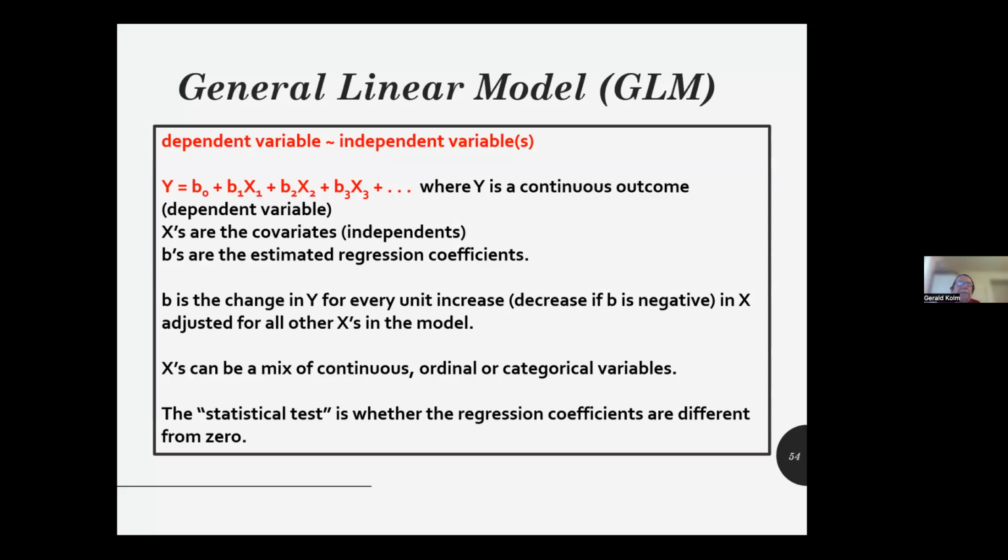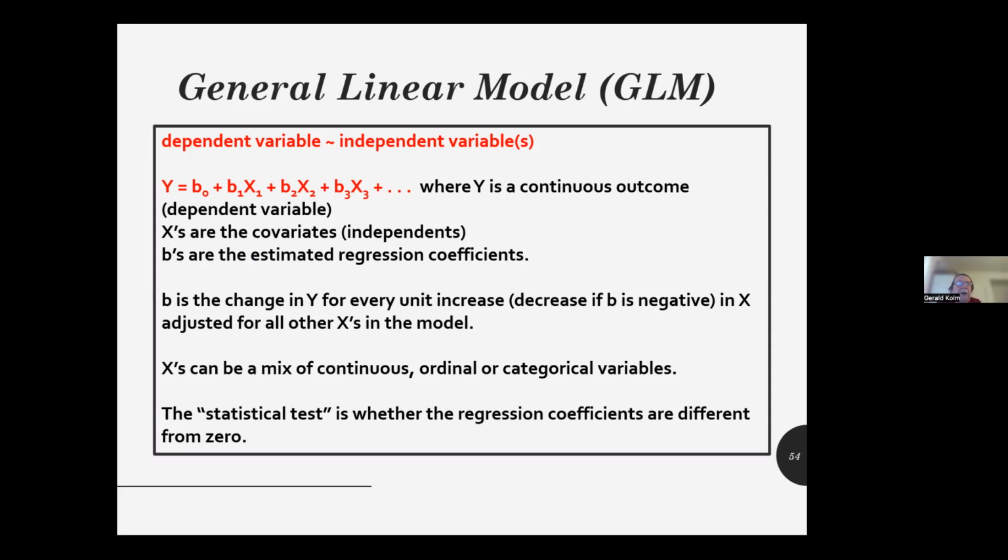So the relationship that we looked at here, the example that we looked at, cholesterol and age, comes under the heading of what we call the general linear model, or GLM, that you probably have heard of.